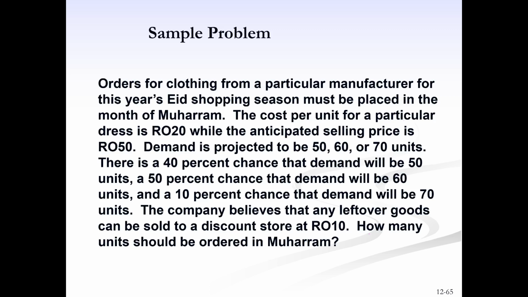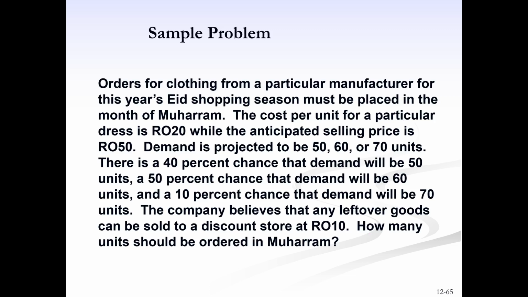Now, if you see, this problem is a little tricky, in that we find the demand and its probabilities. So we find the states of nature, but we don't know the alternatives. In fact, the alternatives are in our hand. The difference between a state of nature and an alternative is that the state of nature is not in our hand, whereas the alternatives are in our hand.